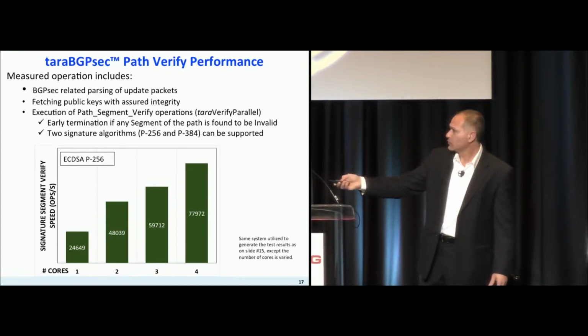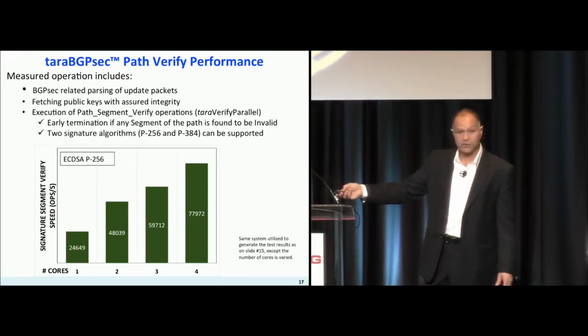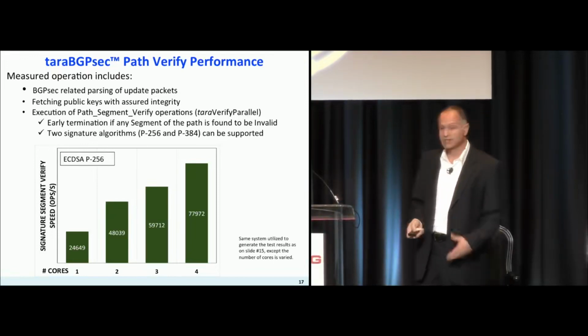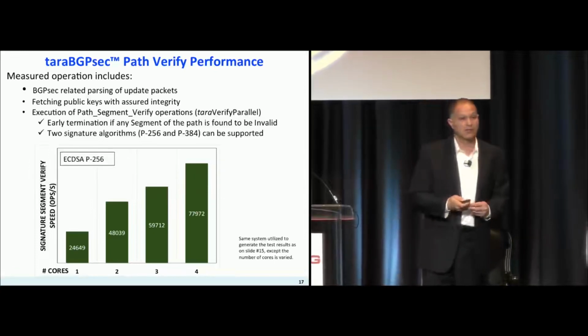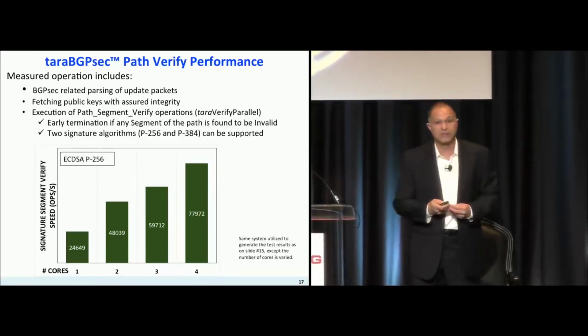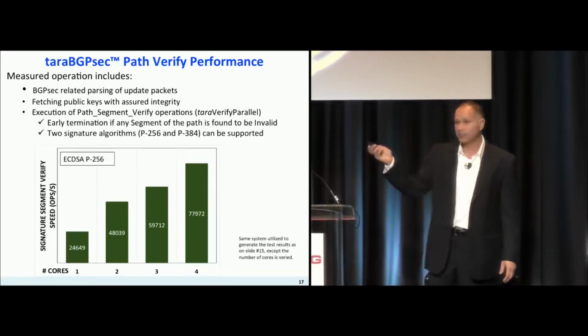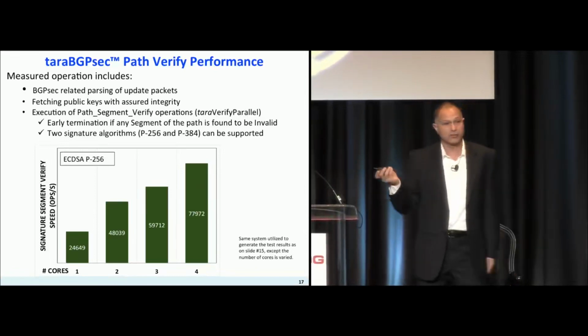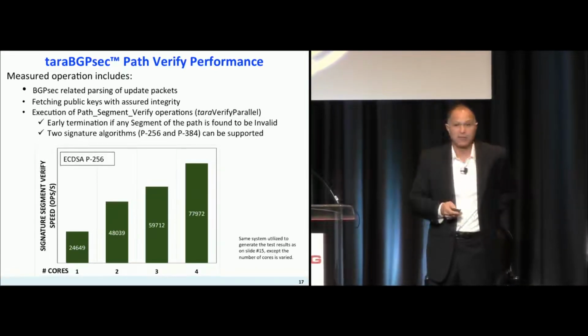And then we also showed another example here. This is actually a 4-core system. And you can see if we're actually using 4 cores, we're about 78,000 BGP-sec verify operations, which is actually pretty decent. And we have tested this all the way up to 24 cores.